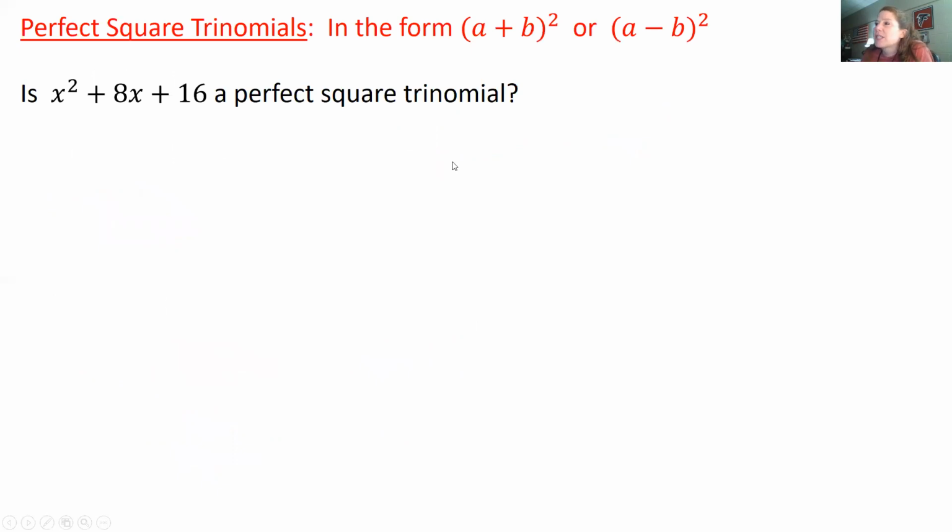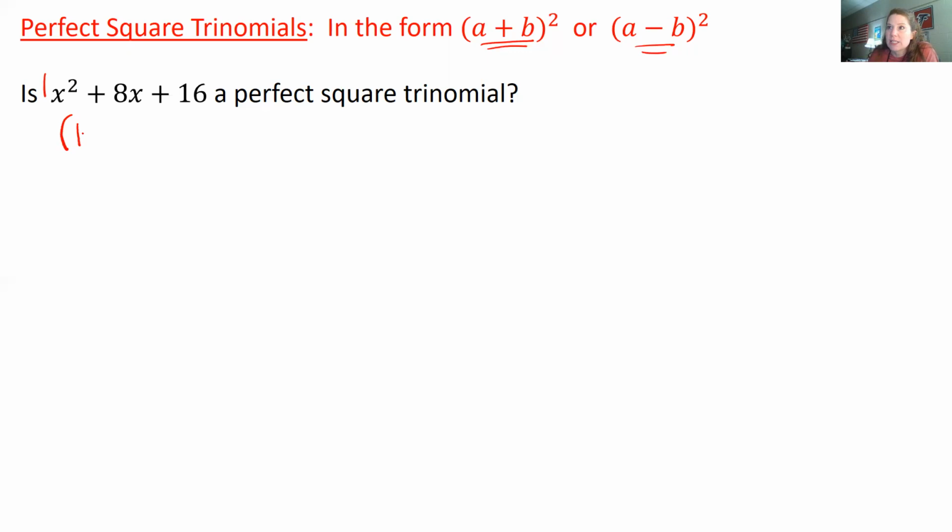All right, so now this question is, so basically if we end up with either a plus b squared or a minus b times a minus b, that's considered a perfect square trinomial. So the question is, is this a perfect square trinomial? All right, so what's the square root of 1x squared? The square root of 1 is 1.